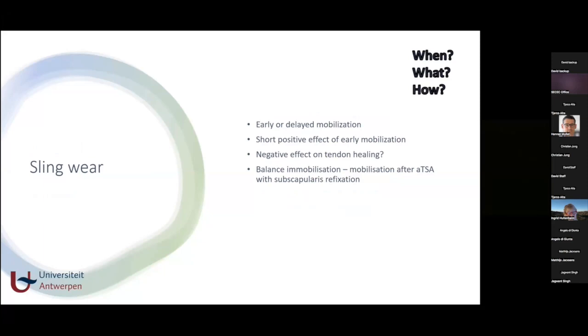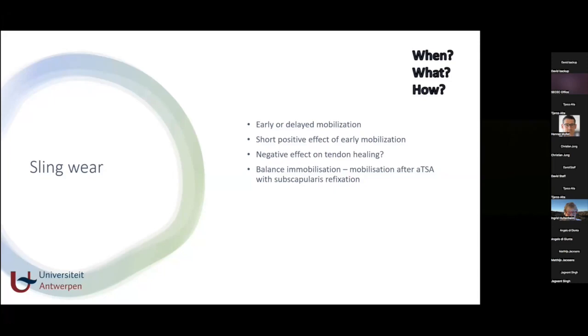In patients with an anatomic shoulder arthroplasty with reattachment of the subscapularis tendon, we see a short positive effect of early mobilization. In this case, early mobilization means passive and active exercises from 1 to 4 weeks postoperative, while late mobilization means a more conservative treatment and only starting with this kind of exercises from 4 to 8 weeks postoperative.